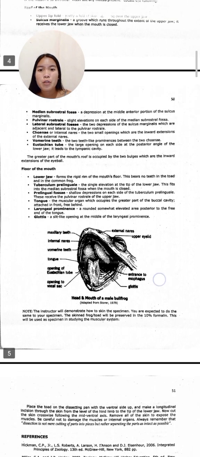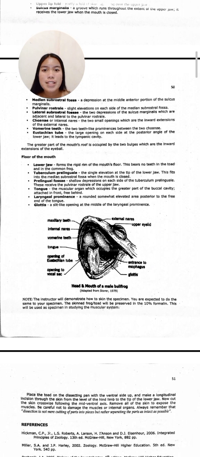Next is pulvinar rostral, a slight elevation on each side of the median subrostral fossa. So, ang pulvinar is the largest nucleus of the thalamus and has strong connectivity with the visual cortex.